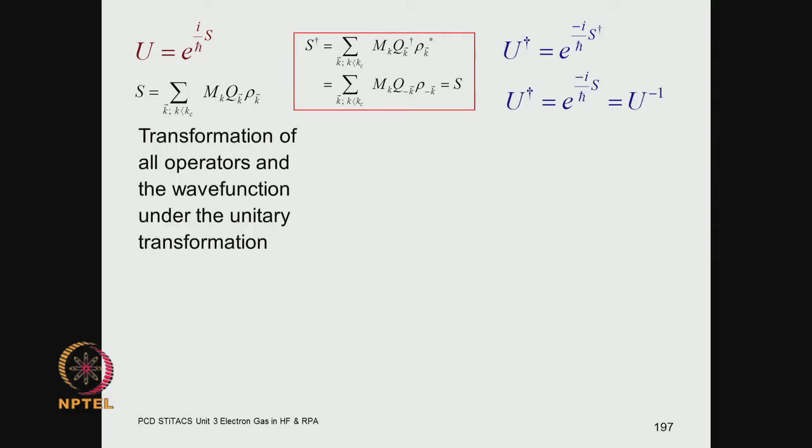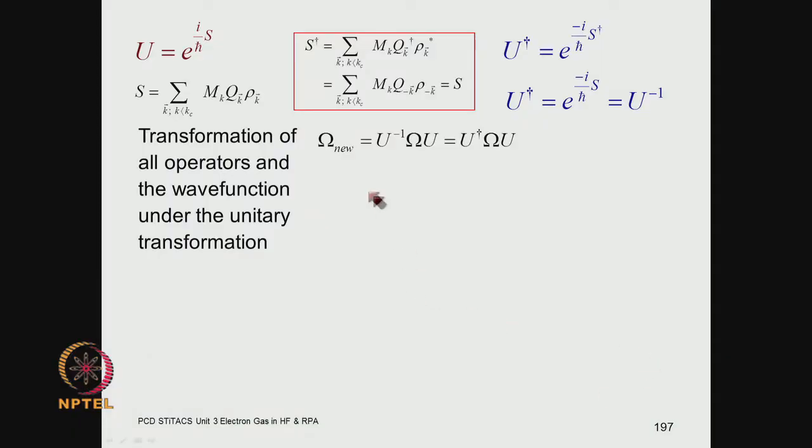So, these results we bring from our previous slide, and we will now subject various operators and the wave functions to a unitary transformation, which is described by this operator U. So, the new operators will be given by U inverse omega U or U dagger omega U, which is the same thing, U inverse and U dagger are equal, and the new wave function will be given by U inverse operating on psi, which is e to the minus i over h cross S operating on psi.